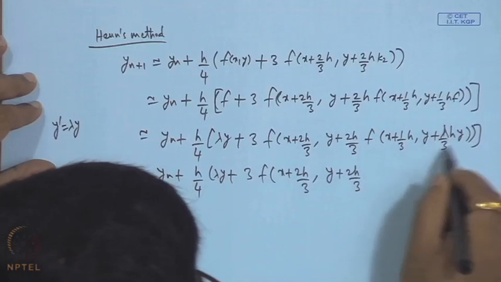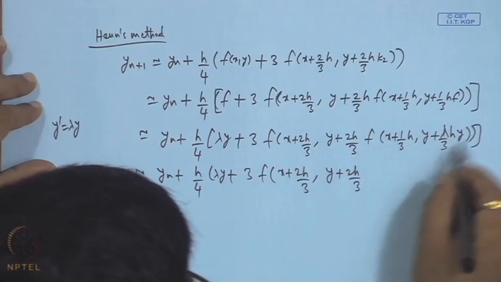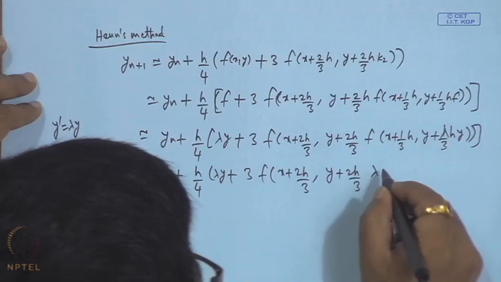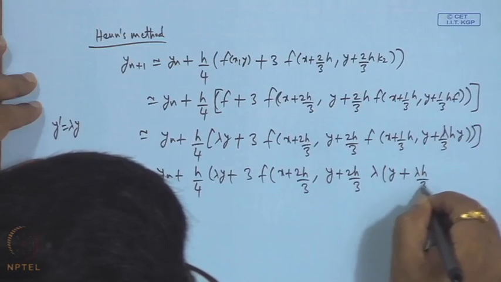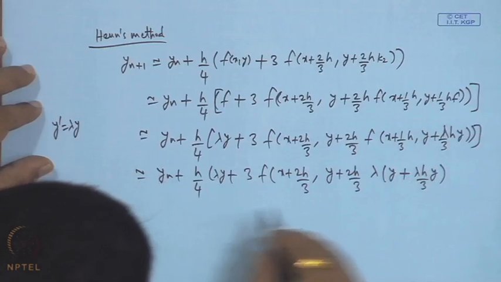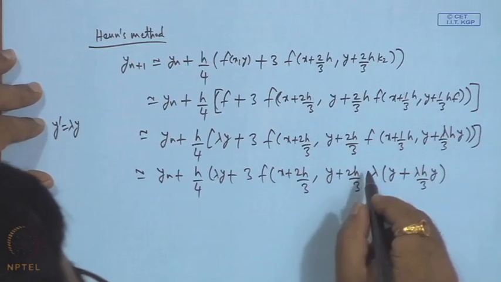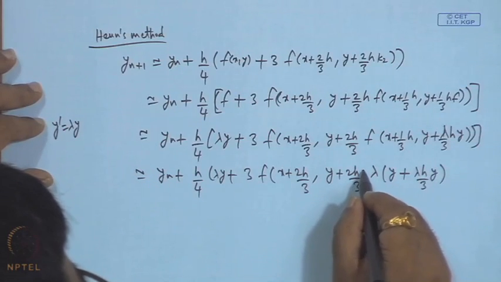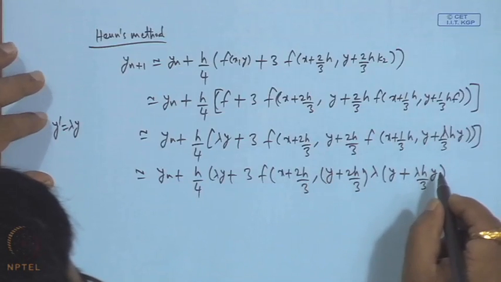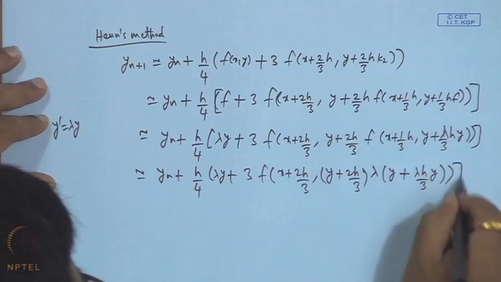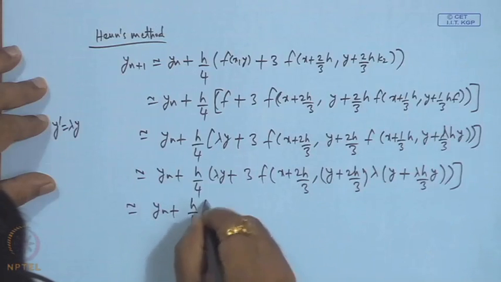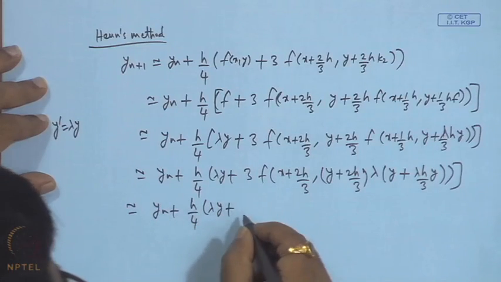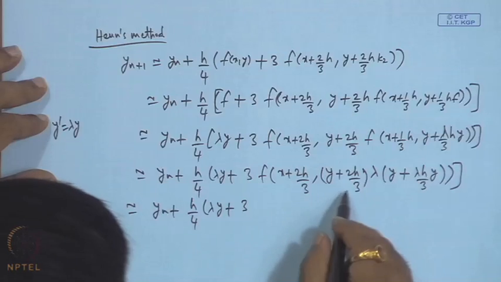Now, this is our y. So, what is f? Lambda y. So, therefore, lambda y plus, okay. So, this is y n plus h by 4 lambda y and this is our y.